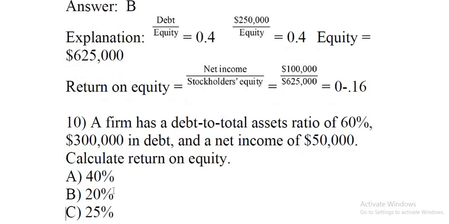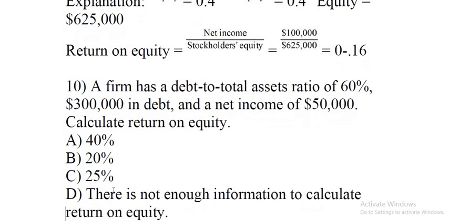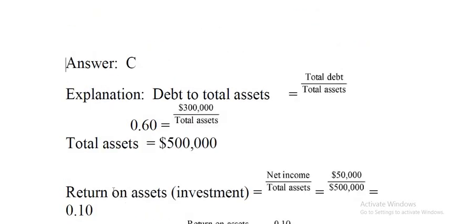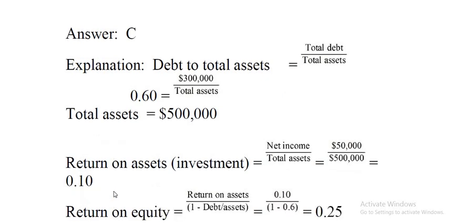A firm has a debt to total assets ratio of 60%, 300,000 in debt, and a net income of 50,000. Calculate return on equity. Return on equity equals return on assets divided by 1 minus debt divided by assets.